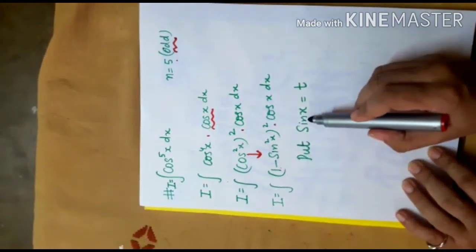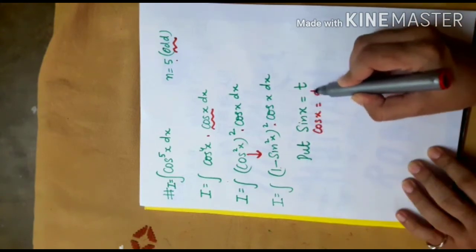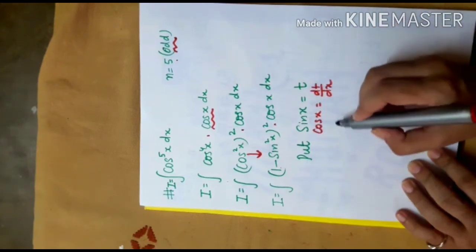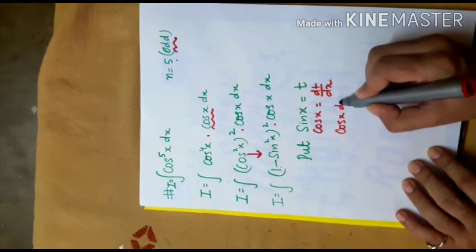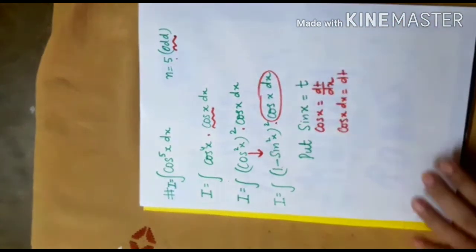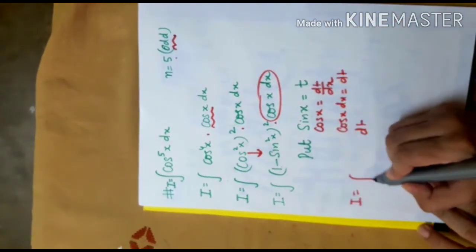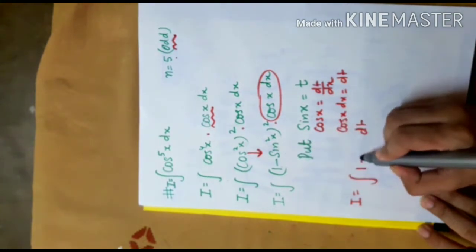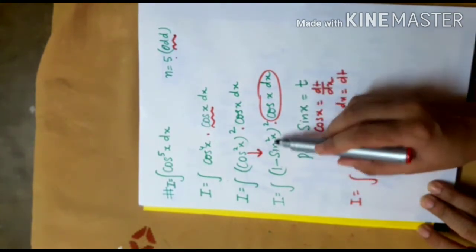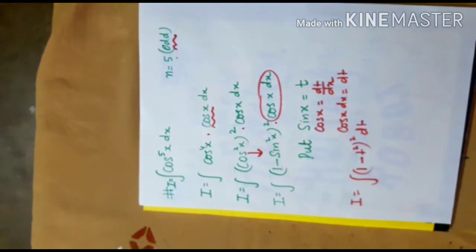So here I'll put sin x as t. So I'll get cos x equals dt by dx, and from here cos x dx will be dt. So this will be replaced with dt, and here I'll get 1 minus t square whole squared, since sin x was t, so sin square x will be t square.